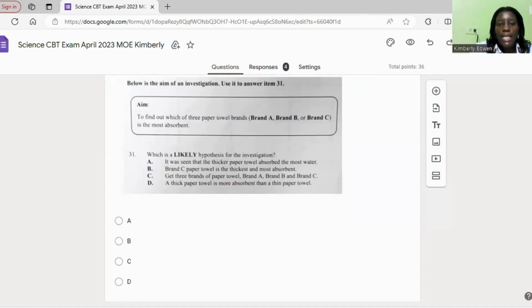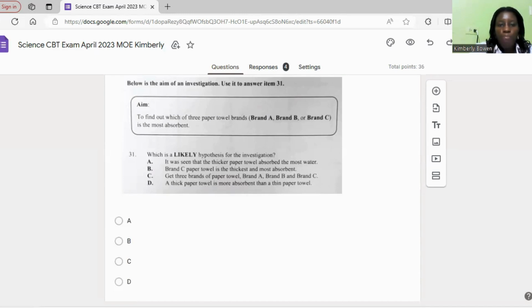Which is a likely hypothesis from the investigation? A, it was seen that the thicker paper towel absorbed the most water. Brand C paper towel is the thickest and most absorbent.